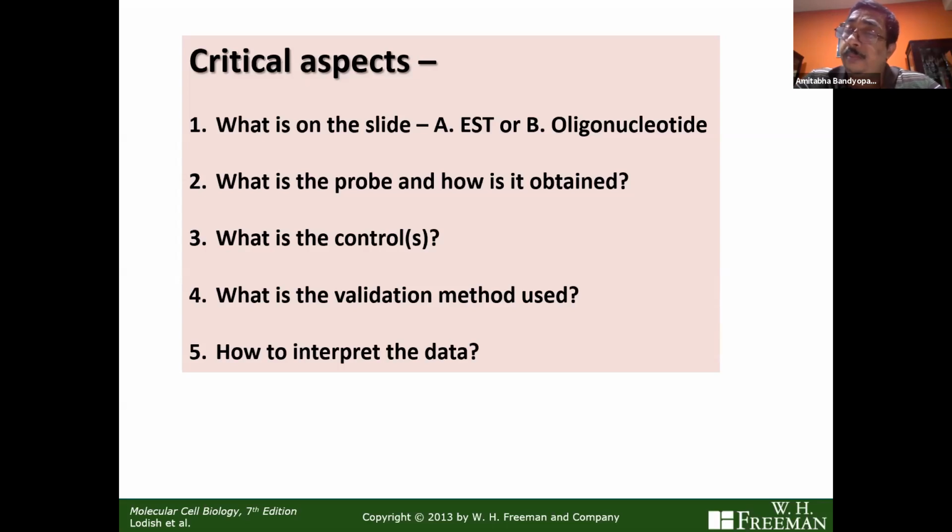So when you get a hybridization with a cDNA probe, it is not necessary that it gives you indication about a very specific homolog. I'm not saying it used to happen, but there is a possibility that you are recording expression of a homolog and not the gene that you thought you were recording.